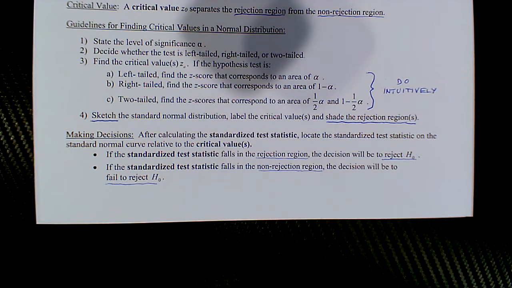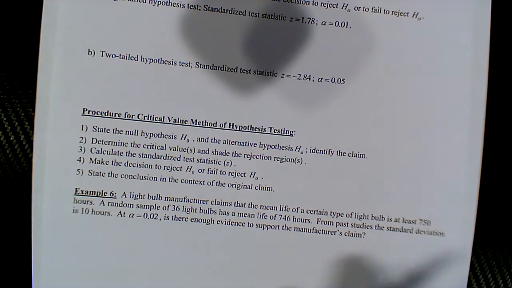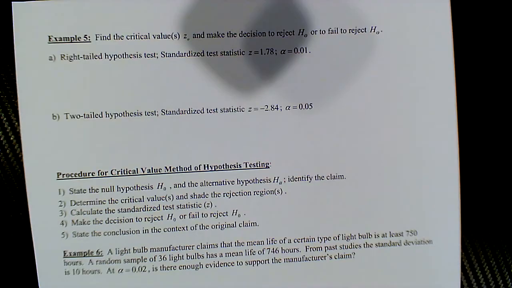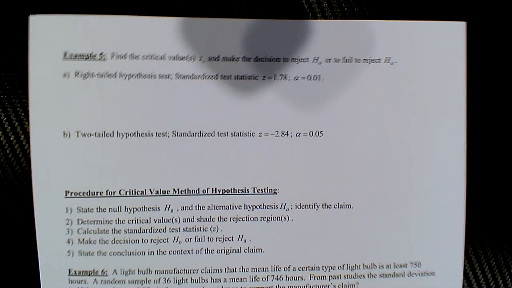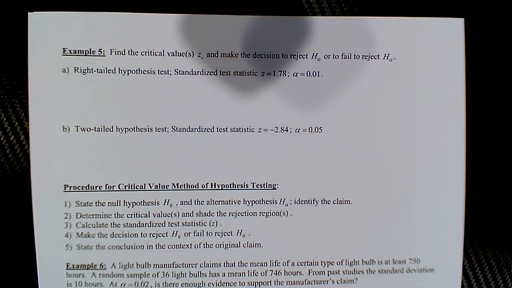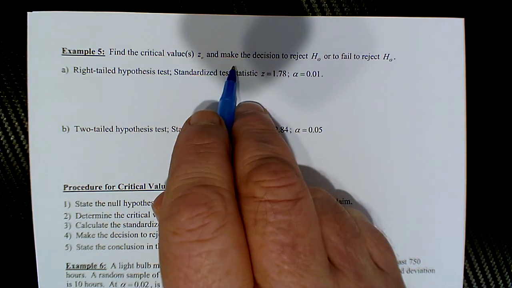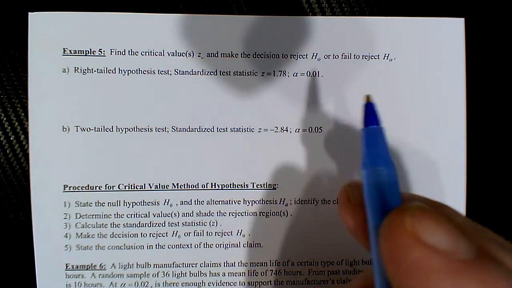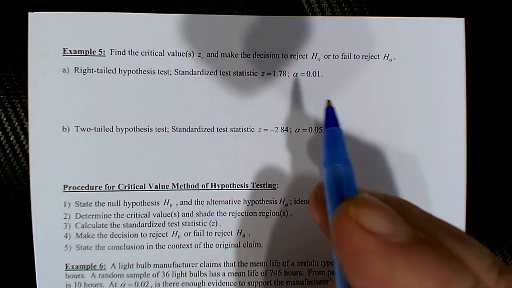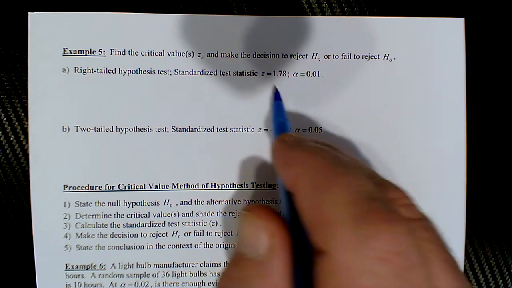And so before we get to the actual 5-step procedure, here is a quick example of finding the critical values. And so we'll call them Z sub C, and we're going to make a decision to either reject H0 or fail to reject H0 based on the standardized test statistic that's given.